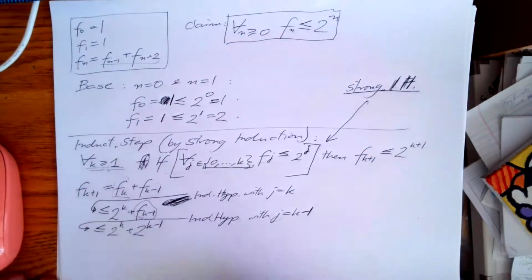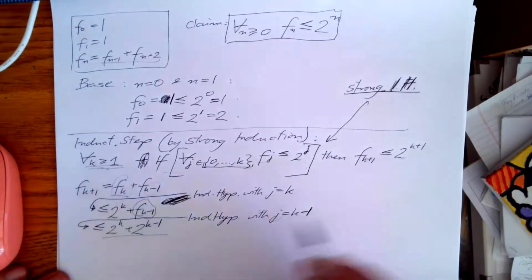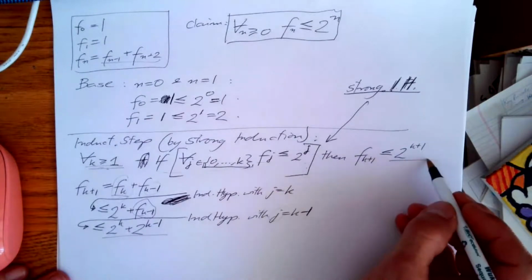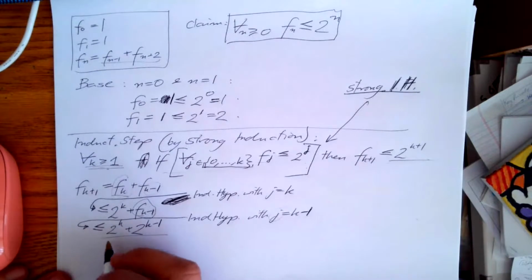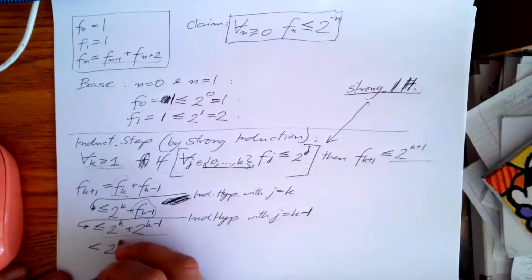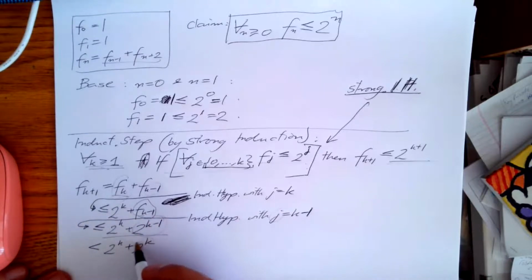And now I'm practically done, because the rest is simple algebra. The rest is just to show that this is no more than that. For example, this is definitely less than that, because this is half that.